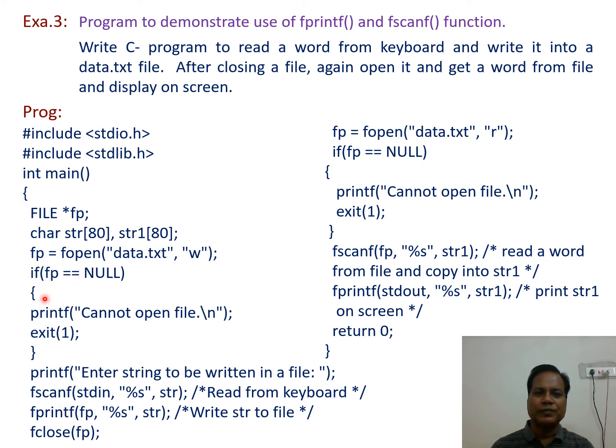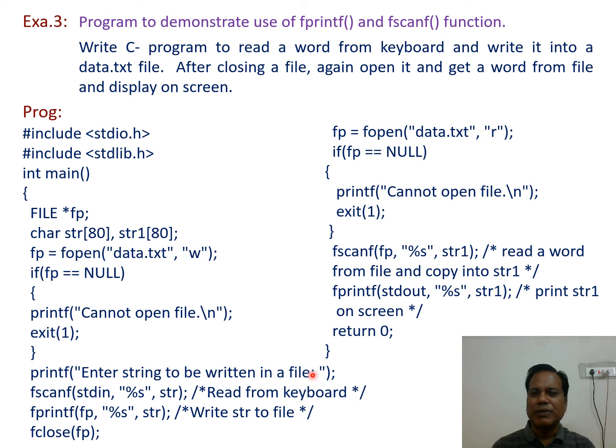If fp has a NULL value, then the message printf "Can't open the file" is printed on the output screen, and control comes out of the main function. If the file exists and it is open, this condition becomes false, and control comes out of the if statement, and then printf "Enter string to be written in the file".